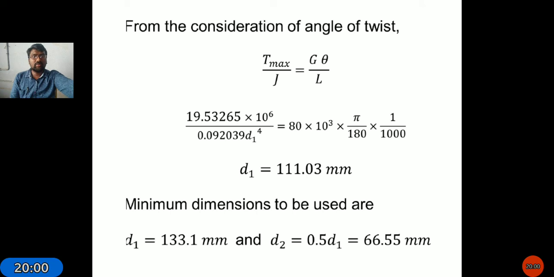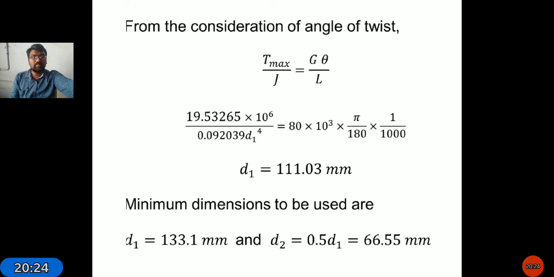Next, from consideration of angle of twist, T max by J equals G theta by L. T max is 19.5325 into 10 power 6 and J is 0.09203 d1 power 4, the G value is 80 into 10 power 3 and theta is 1 degree.